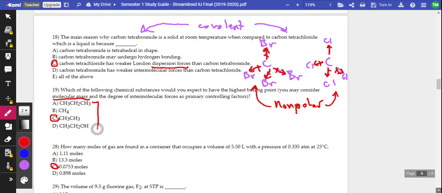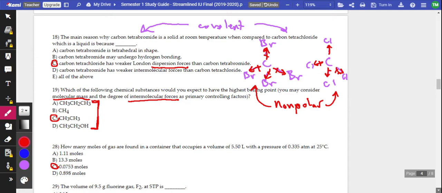So these guys are about the same. Okay. Now we could go and add up all the Cs, Hs and Os of these guys and see, oh, which one has the bigger molar mass? But that only gets us part of the way, because the bigger factor here is going to be the intermolecular forces. Okay. The size or the mass of the particle can help us figure out what's easier or harder to boil, what's easier or harder to make into a gas.